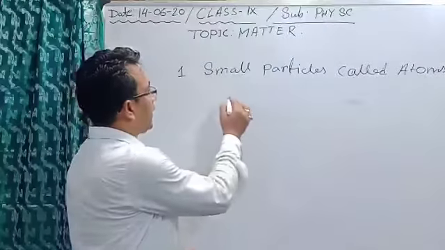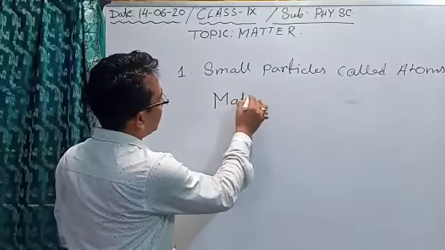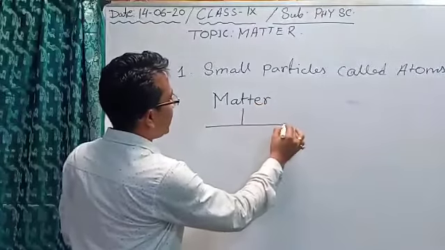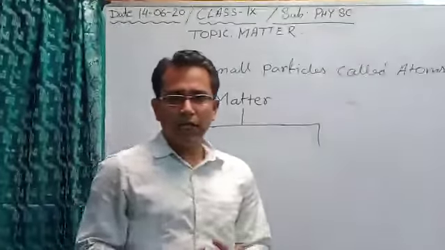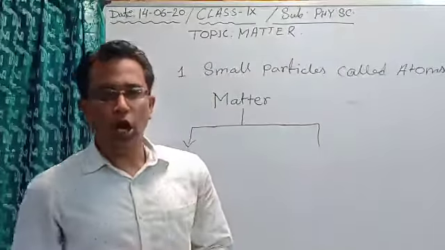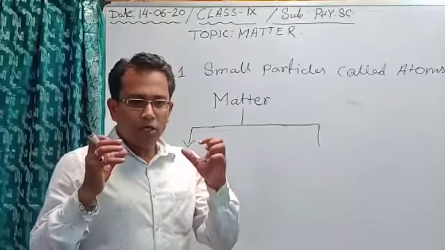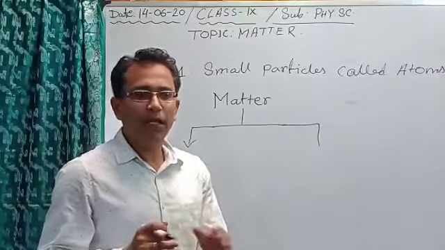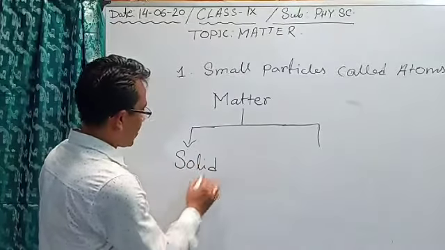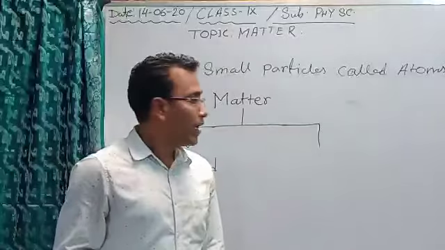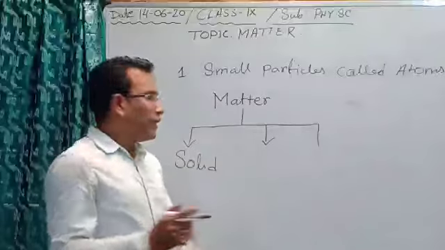So matter, we can classify it according to its state and according to the composition of atoms. The least space between them, we have the solid state of matter. Lesser space, that is the liquid.